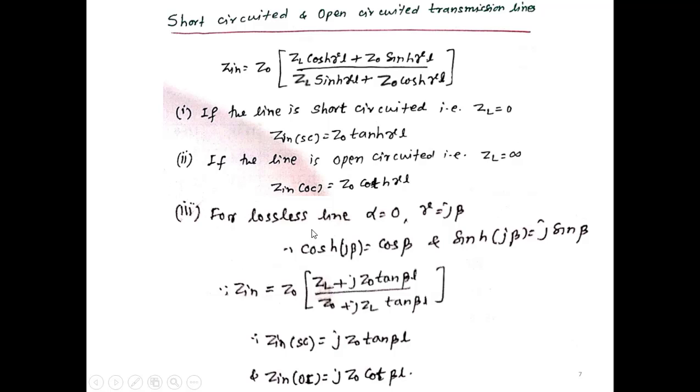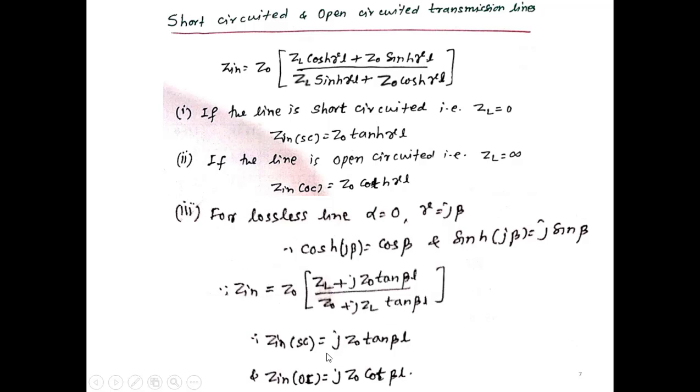For a lossless line, alpha is equal to 0 and gamma is equal to alpha plus j beta, we will get simply j beta. And also we know that cosh j beta is equal to cos beta and sinh j beta is equal to j into sin beta. Therefore, we know that Zin is equal to Z0 times (ZL plus j Z0 tan beta L) divided by (Z0 plus j ZL tan beta L).